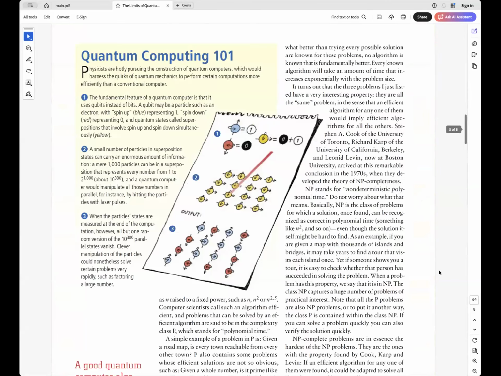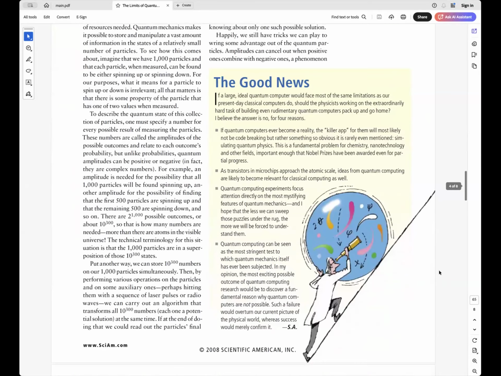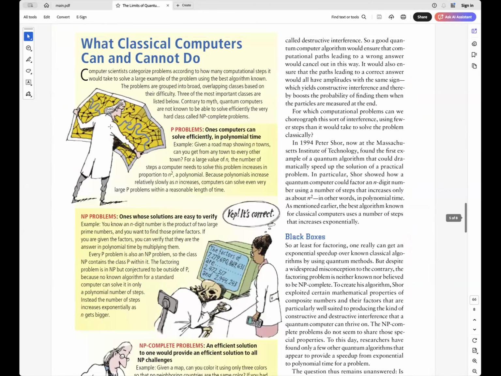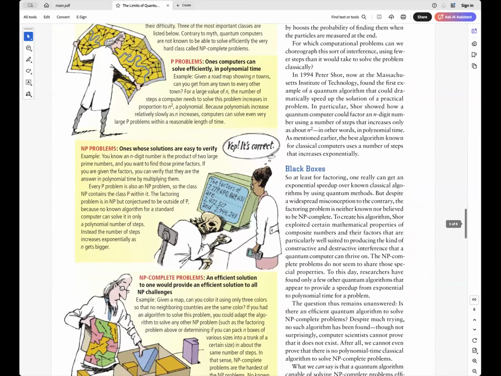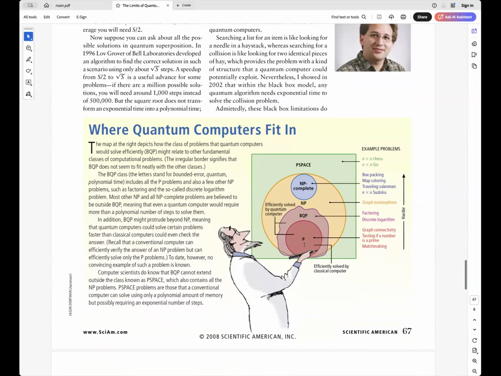There's first a bit of a revision of what quantum computing is about. And then you will see what classical computers can do and cannot do, and which problems can be addressed by a quantum computer. If you're from computer science, you're familiar with the classes P and NP-complete.